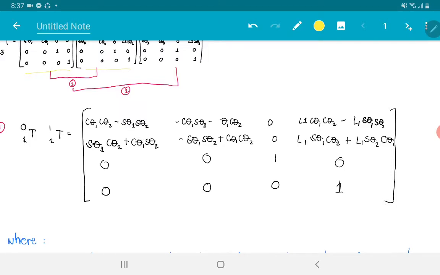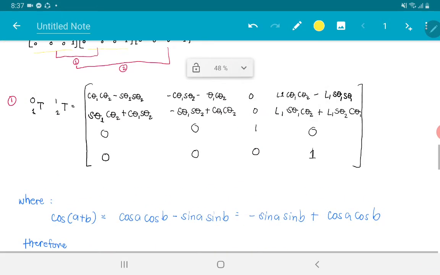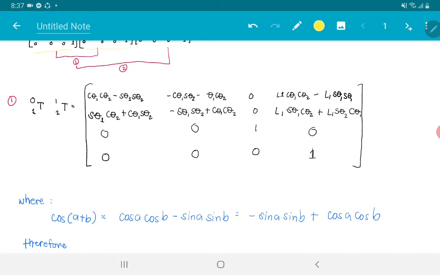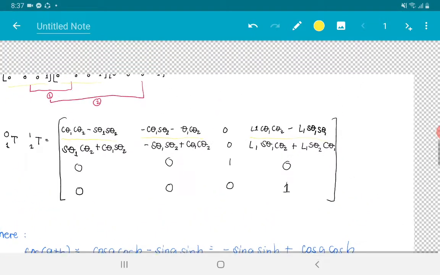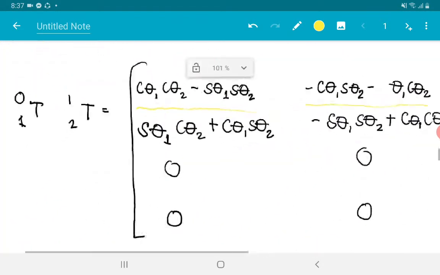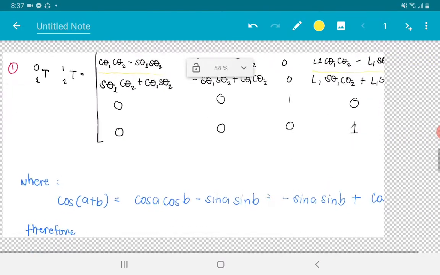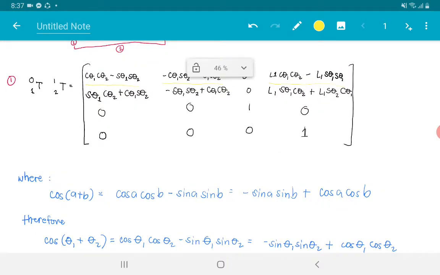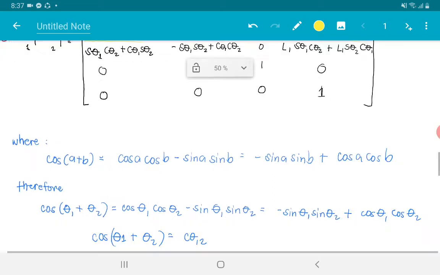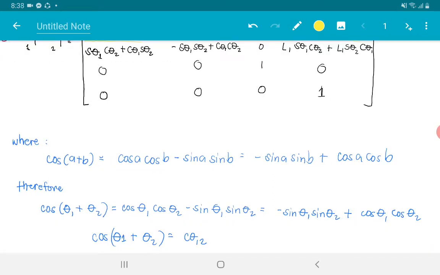Since we have this shorthand, there could be a much simpler shorthand or formula by using cosine and sine law.